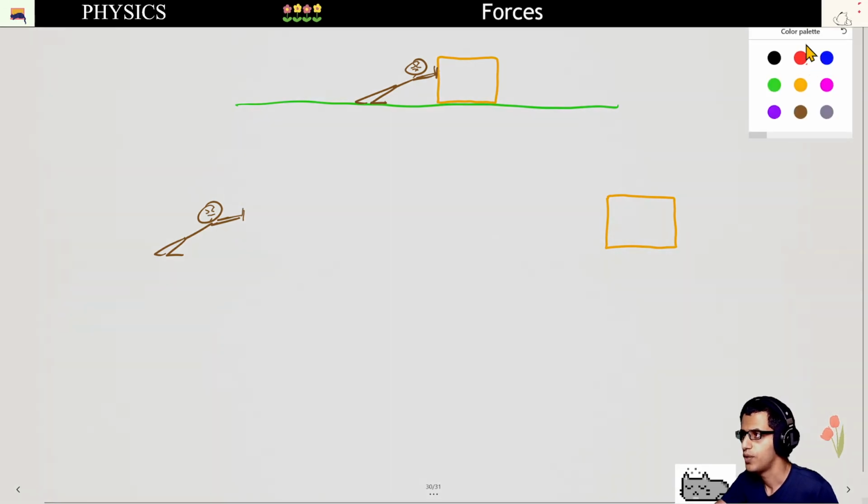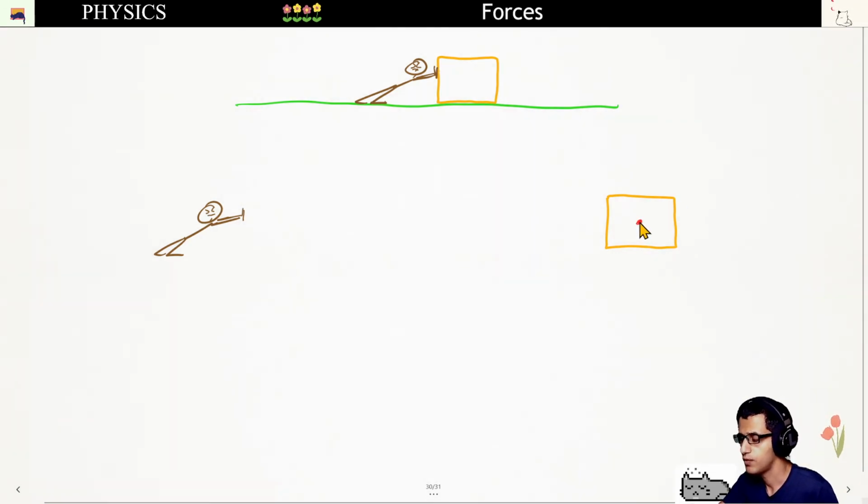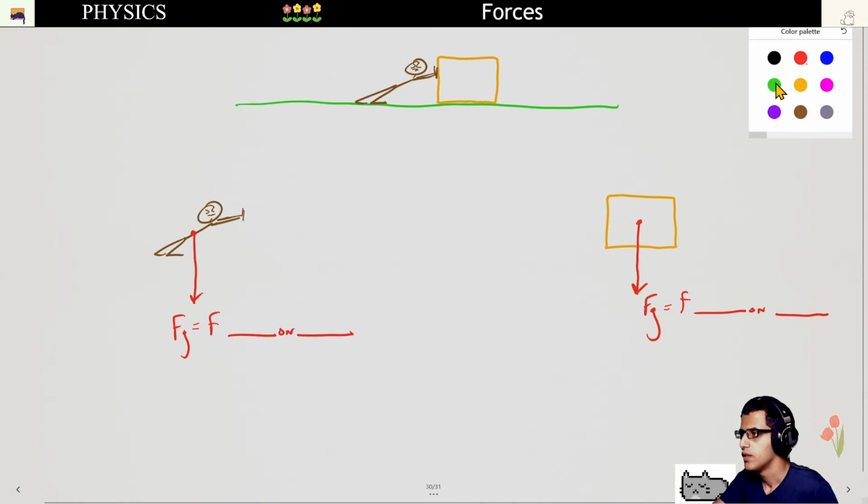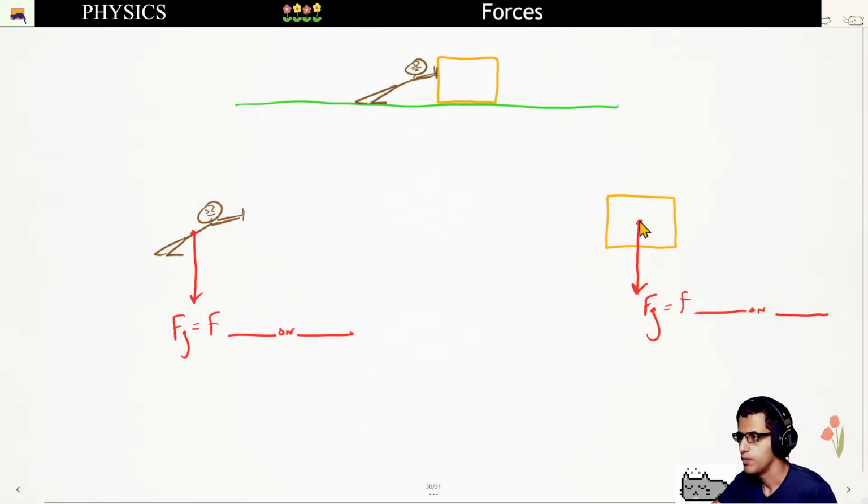Okay, so both of them will have a force of gravity pushing down on them. And we're going to label them as well as the interacting objects, force of one thing on another. They will both have normal forces from the surface.